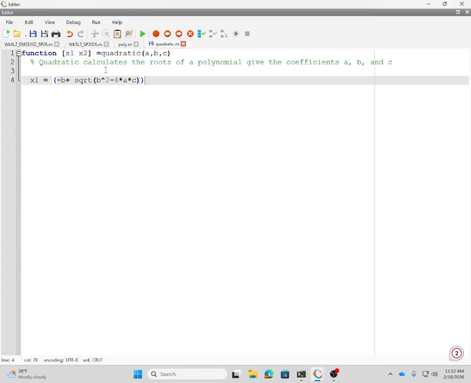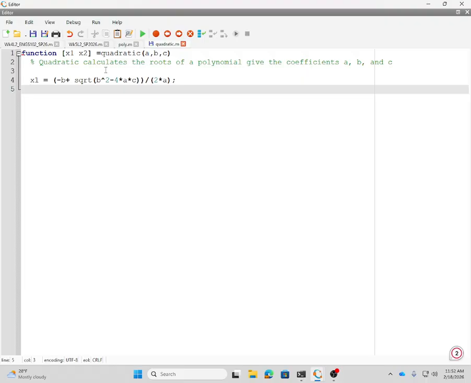Notice that when I type the parenthesis and close it, both are in blue, the start and the end. The parenthesis needs to be closed, otherwise the function is not going to run. That's the highlight I'd like to make. Then 2 asterisk a, and put a semicolon.